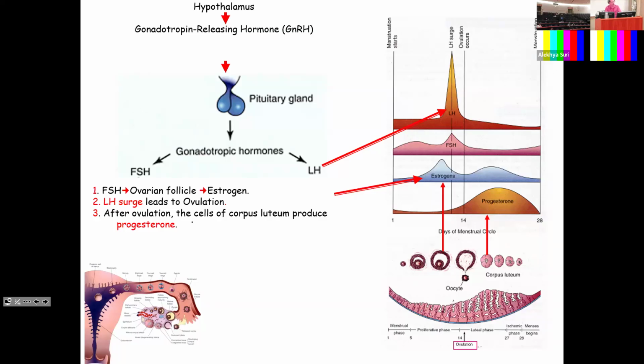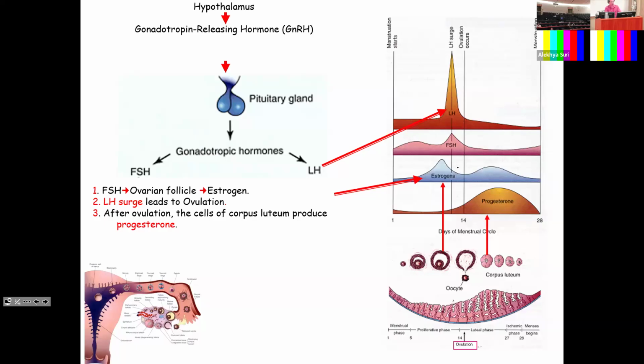After ovulation, the cells of the corpus luteum, which is corpus yellow, produce progesterone. So the ovary produces two main hormones, which are estrogen in the first half, like this, and progesterone in the second half, like this. Okay?